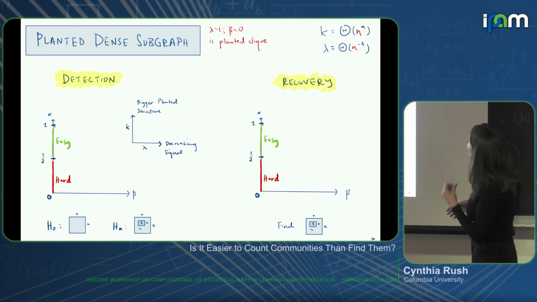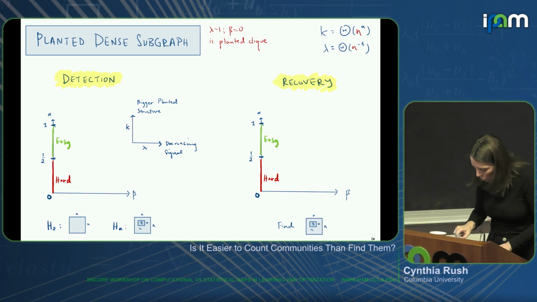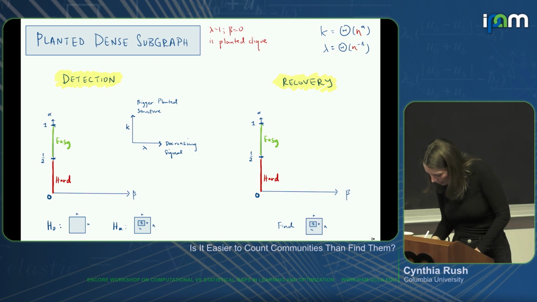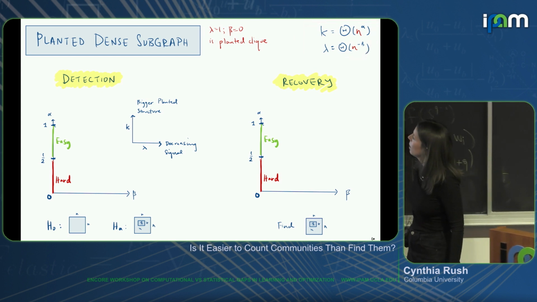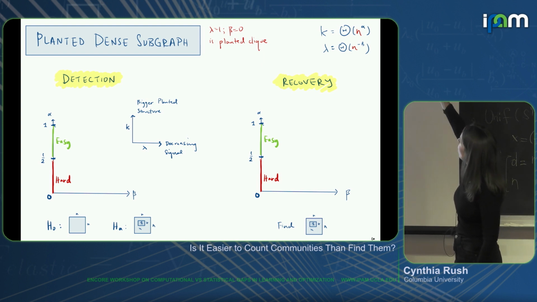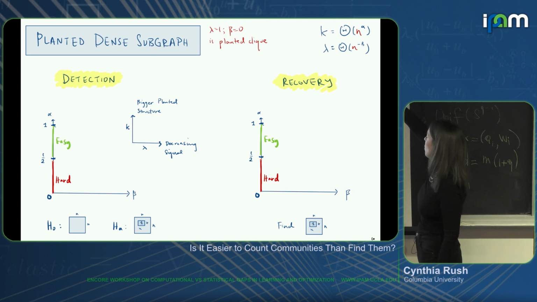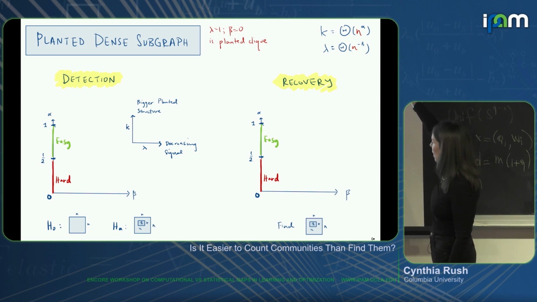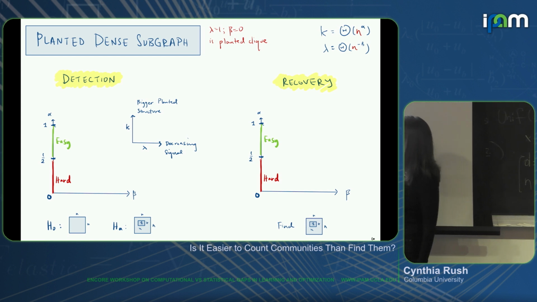I'm relating K and lambda, the signal strength lambda and the size of the community K, which are both some polynomial in N, and what we're plotting are the coefficients on that polynomial.